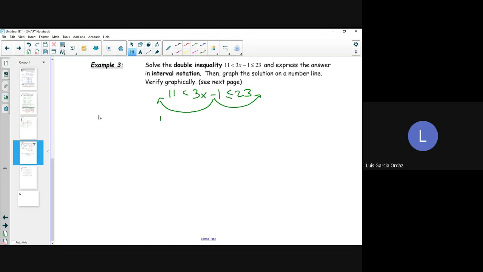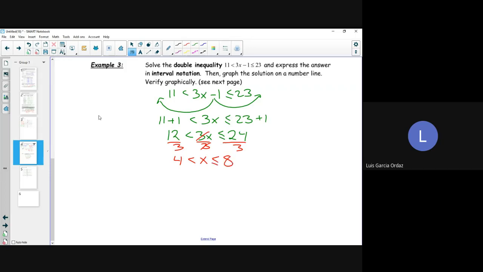So we got 11 plus 1 is less than 3x, which is less than or equal to 23 plus 1. So we got 12 less than 3x, less than or equal to 24. And now to solve this inequality, we're going to divide both sides by 3 to get x by itself. These cancel out. 12 divided by 3 gives us 4, less than x, less than or equal to 8.